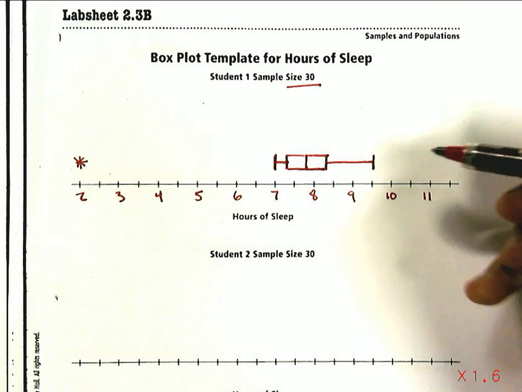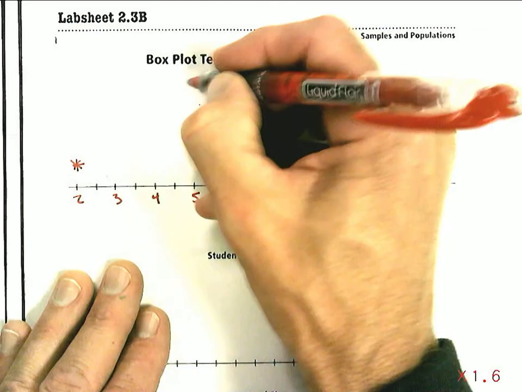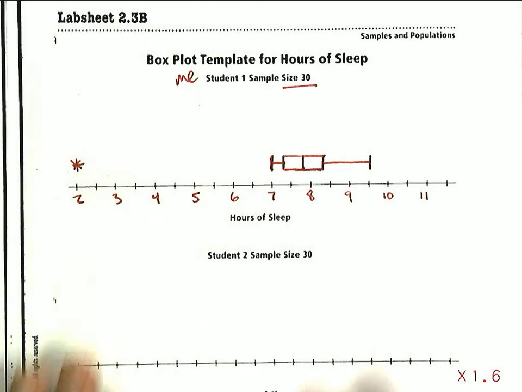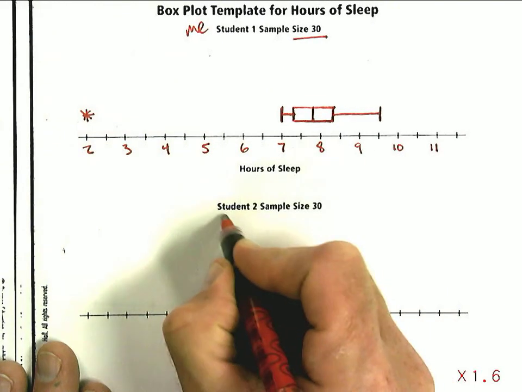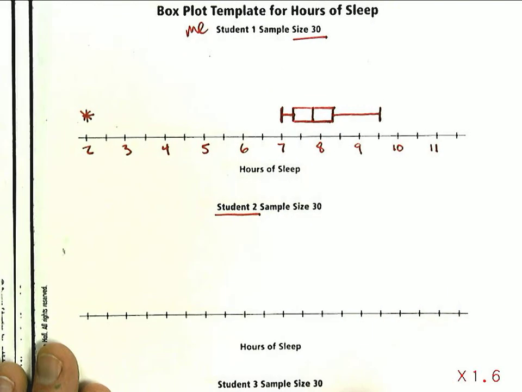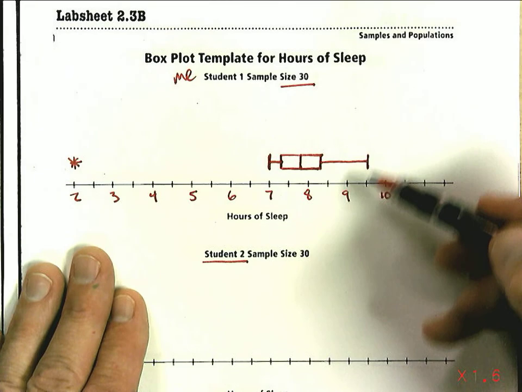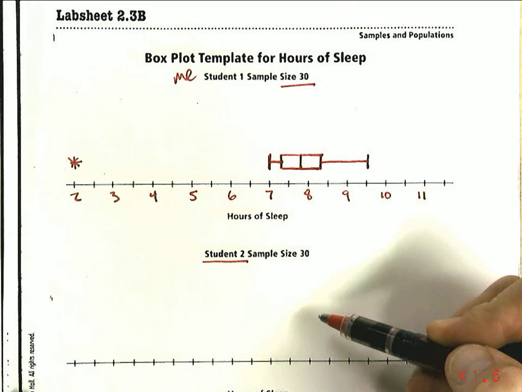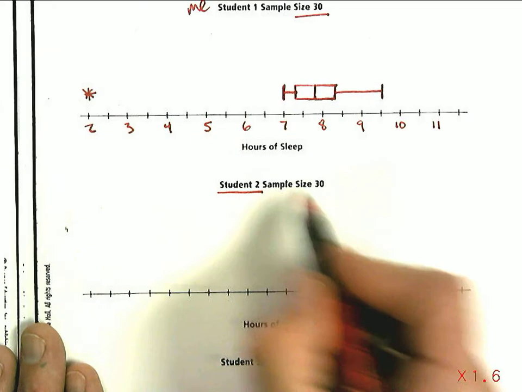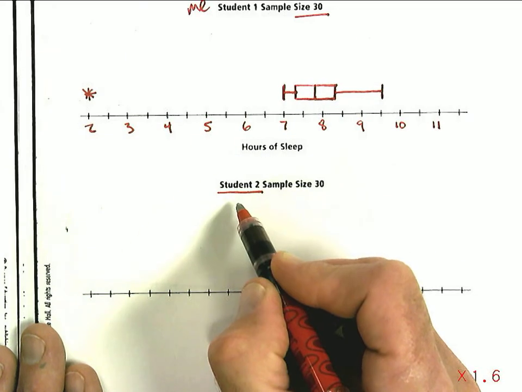So as a part of this problem, this was my sample of 30. And so one of the ways to figure that out is to compare that to other students. So what you have to do is, you could actually use my box and whisker plot, and you could put it on yours as a second one.